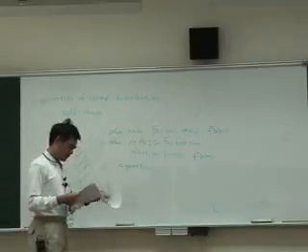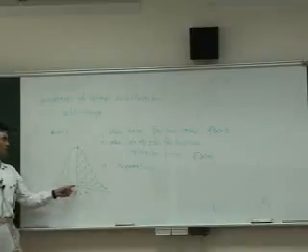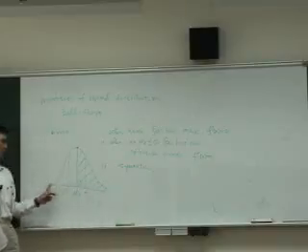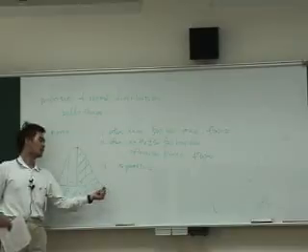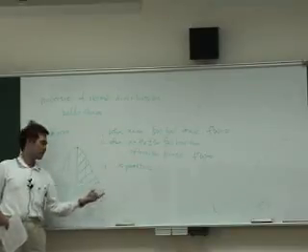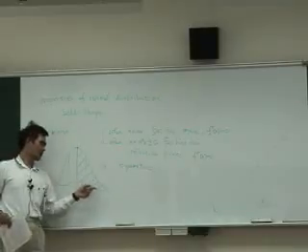And of course, there are some other kinds of property. If you look further right or further left, the height of this function is getting smaller and smaller. So this is what we call asymptotic. This is an asymptotic line.